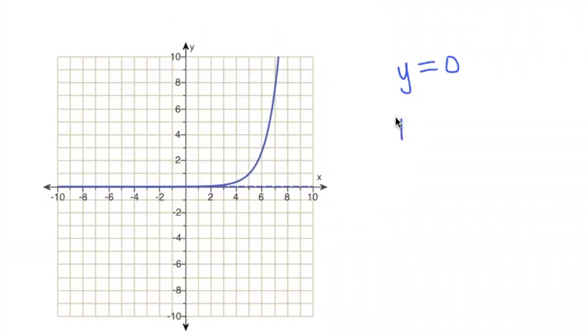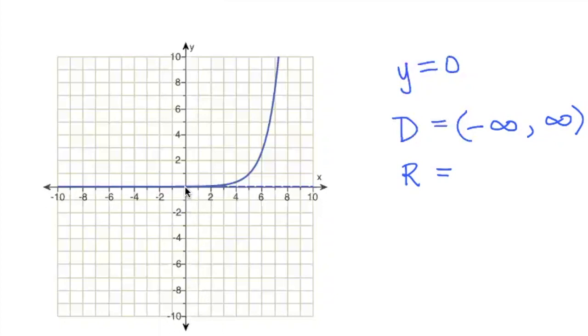The domain of exponential functions, when you look at this graph, it keeps going all the way to the left to negative infinity, and it does keep going all the way to the right as well, to positive infinity. So the domain is everything. This curve stays entirely above the x-axis, meaning there are never any negative outputs.